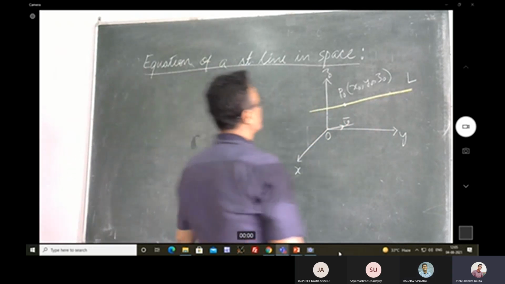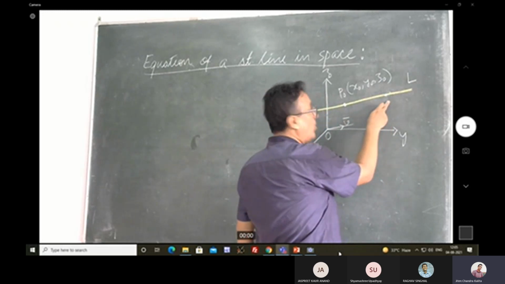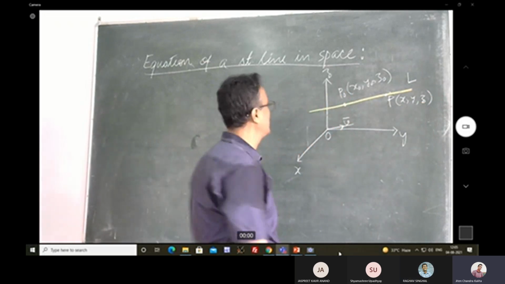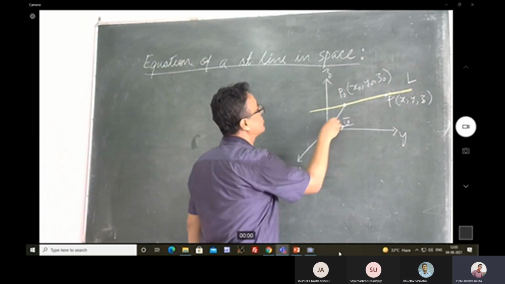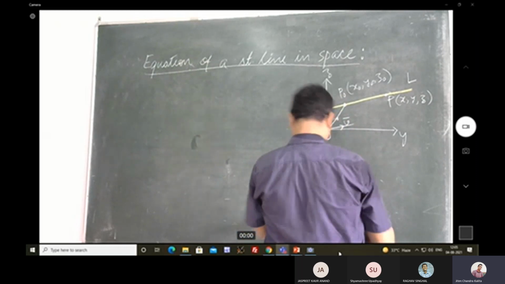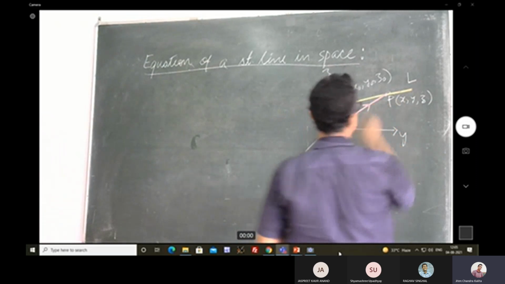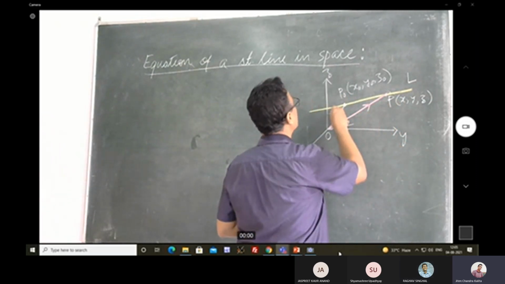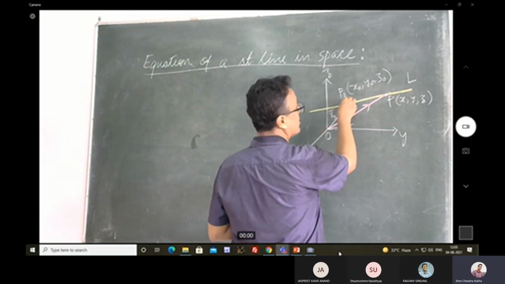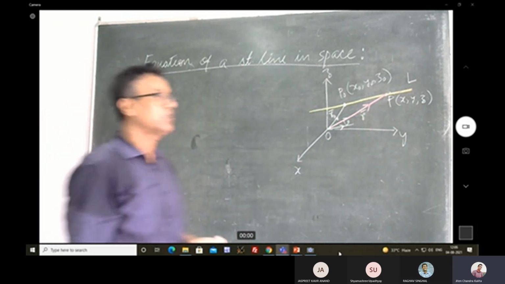Now I'm going to take a variable point P on the straight line, with coordinates x, y, z. Then I join OP naught and OP. They give me one fixed vector, R naught, which is the vector OP naught, and a variable vector R, which is the vector OP.